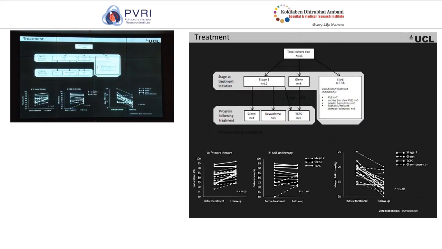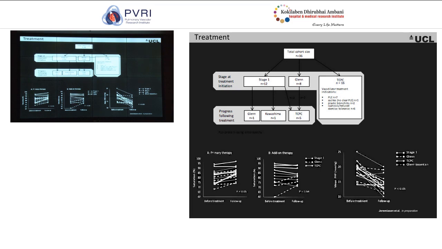So we looked back. These are the only data I have, and these are uncontrolled work looking at targeting pulmonary vascular resistance. So there have been randomized controlled trials which are a bit better, but it's off the topic. But we looked back at our patients who were treated for various indications with pulmonary vasodilators in a univentricular heart setting.